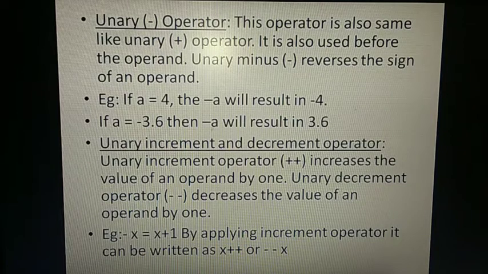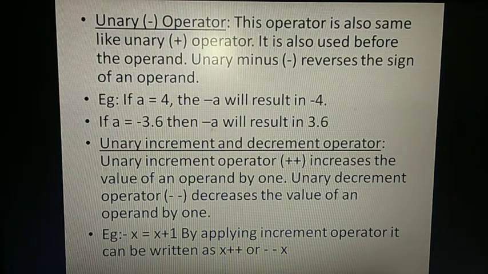For example, x equals x plus 1. By applying the increment operator, it can be written as x plus plus or minus minus x, that is increased by 1 and decreased by 1.